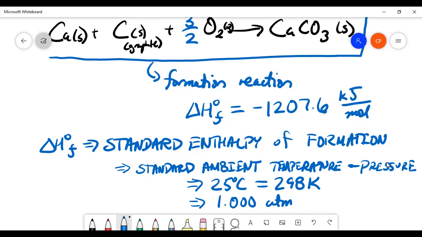That stands in contrast to STP, which is 273 Kelvin at 1 atmosphere. We don't use 0 degrees Celsius for standard ambient conditions because we don't do laboratory chemistry outside on winter days. We do laboratory chemistry in a lab at room temperature.